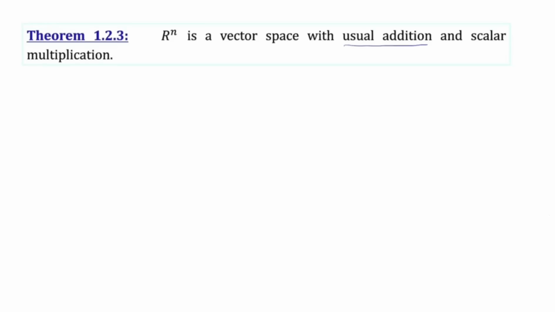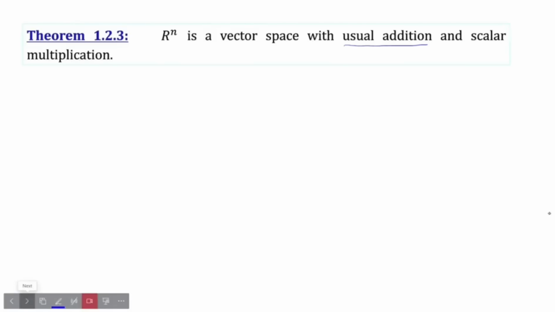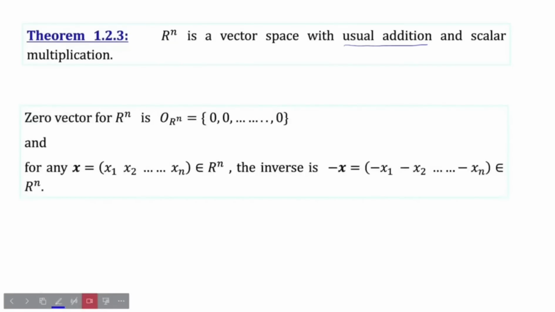So therefore Rn is a vector space with usual addition and scalar multiplication. The addition defined in the previous slide, and the scalar multiplication, is known as the usual addition and usual scalar multiplication.